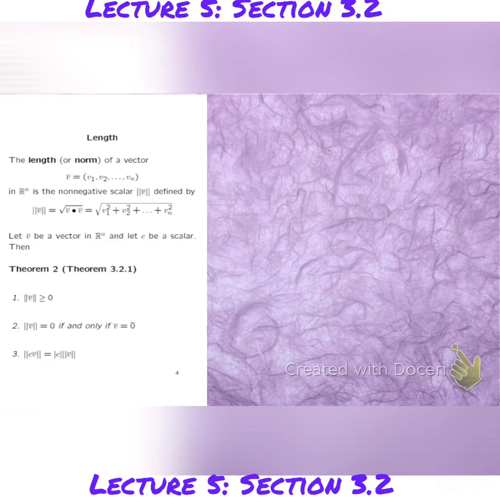Okay, let's look quickly at the proof of theorem 2.2. That's an application of the previous theorem, the point 4 that we proved. If we assume that the vector v has norm 0, so essentially the length of that vector is 0, what we want to then show is that it's the 0 vector.